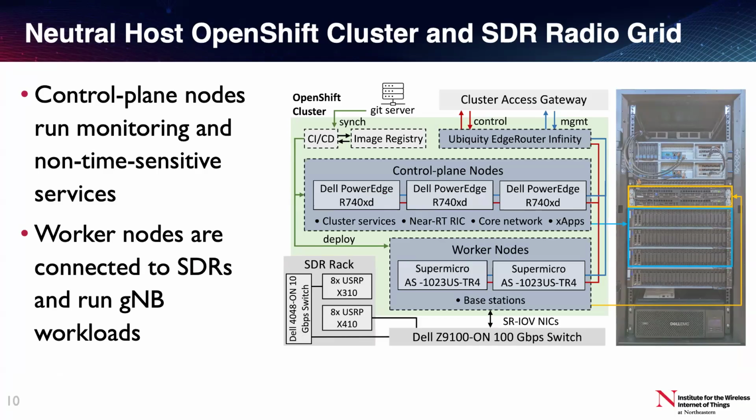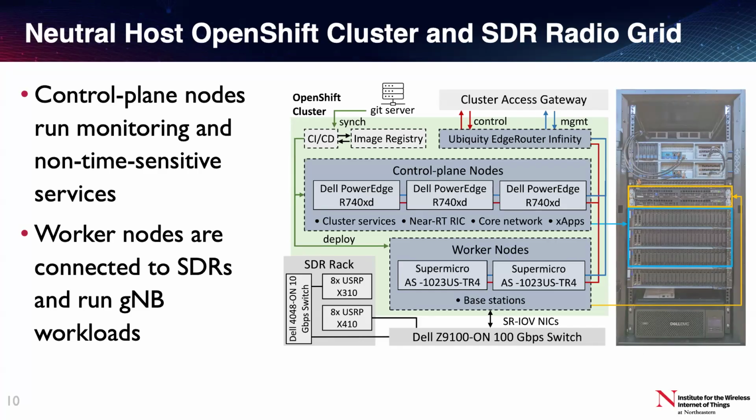On the control plane nodes, we can deploy different services that maintain our infrastructure, interface with OpenShift, and also run different applications that don't need specialized workflows. So we can run our RIC, our controller, our core network, and our xApps, and basically all these services that are not really time sensitive.